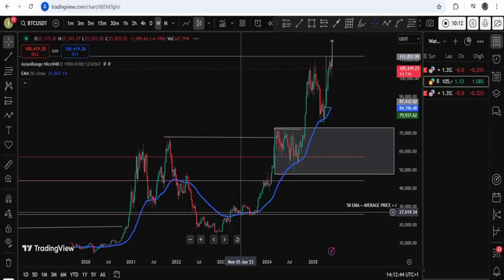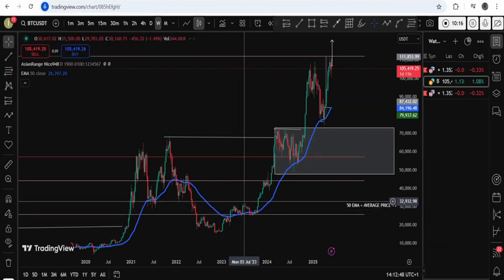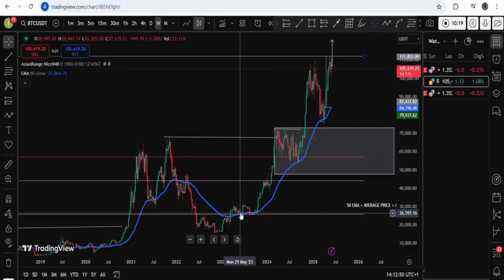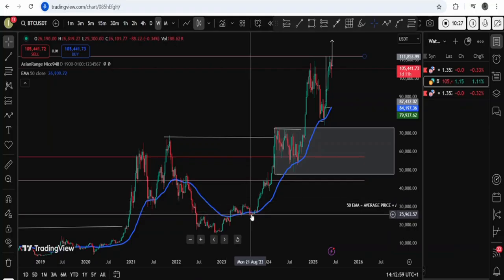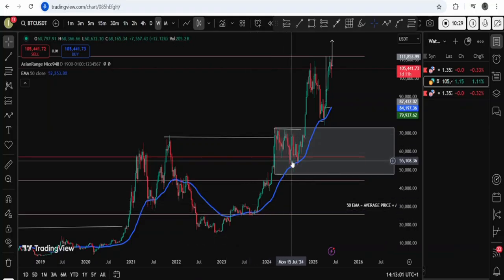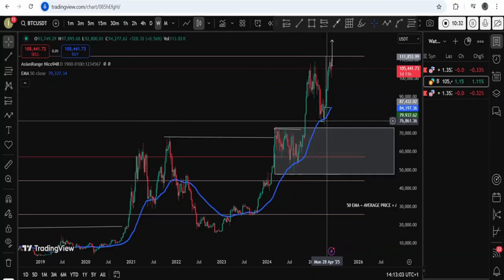It was resistance, and after breaking here, Bitcoin uses it as support. It uses it as support here and shows a bullish candle. It uses it as support here, here, and also here.